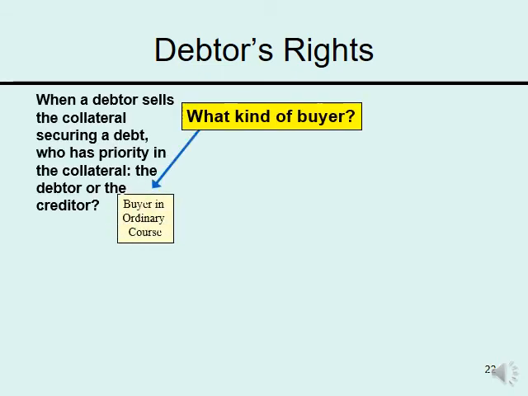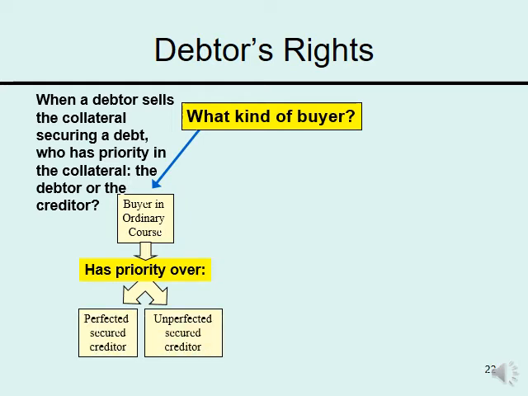The way that works is it depends on what kind of buyer you actually have. If you're a buyer in the ordinary course of business, that means you purchase from a merchant. A buyer in the ordinary course of business will prevail over perfected and unperfected secured creditors.